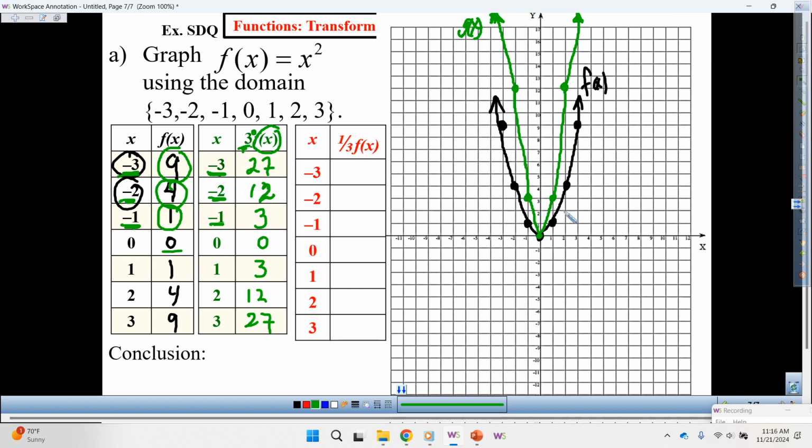If this is the original, and this is transformed because of that parameter, what would be one word that you would tell your little person in your life that walks in every time you're doing your math stuff? What do you do to the black one to make it become the green one without showing them any numbers? Talk to your neighbor. One word.